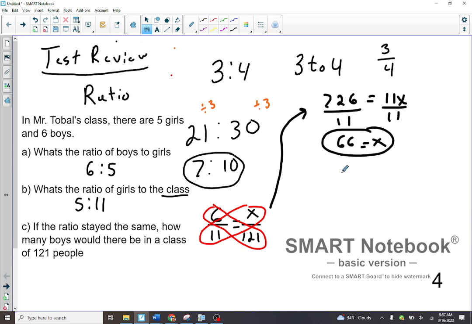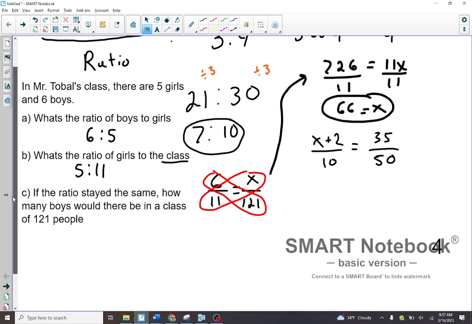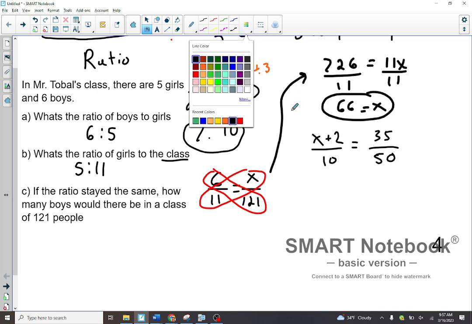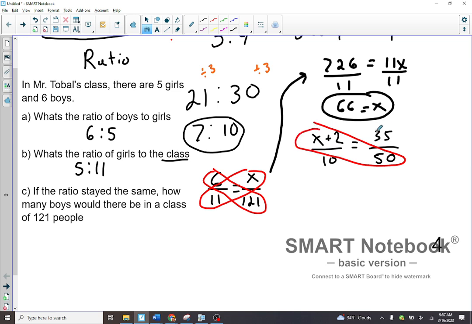You will also get proportional questions like this. If I said (x plus 2) over 10 equals 35 over 50, solve for that. Again, it's a proportion, so you just cross multiply. Then you have to distribute.